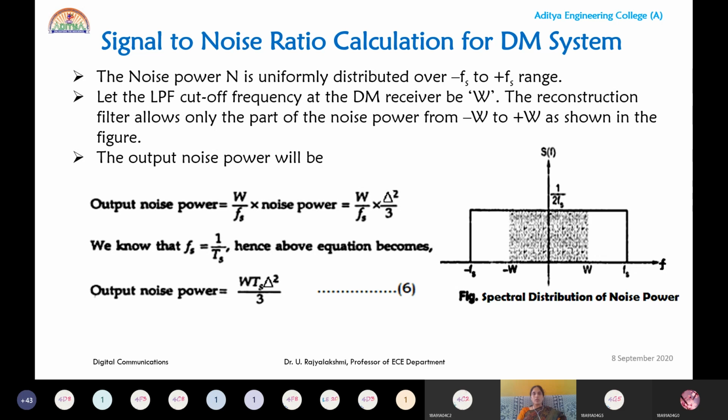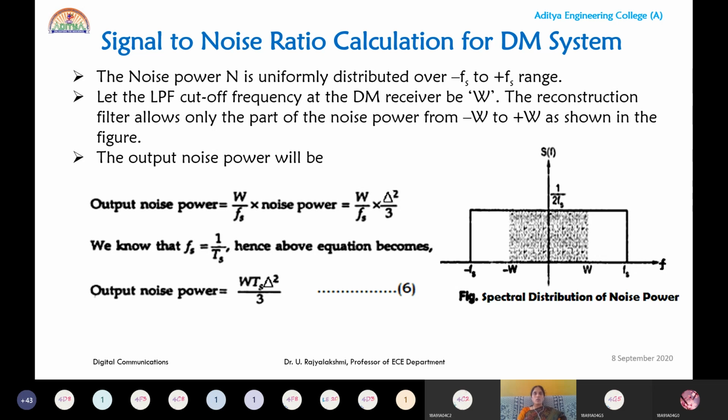Replacing 1 by Fs, the reciprocal of the sampling frequency, with the sampling period, you can write W into Ts into delta square by 3. Take this as equation 6. This is a special condition where the cutoff of the low pass filter at the receiver section is not equal to the cutoff of the low pass filter at the transmitter section.